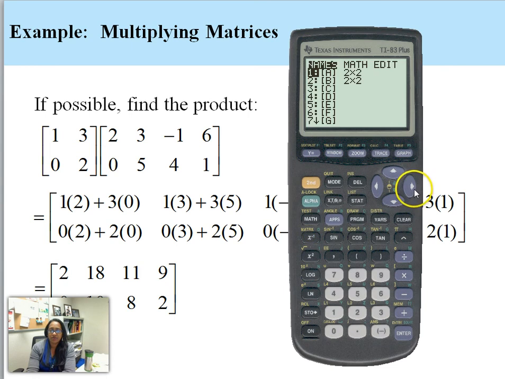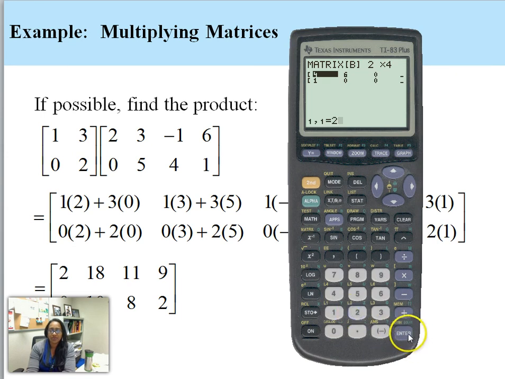Second matrix. Remember, I have to enter another matrix, which is B here. This is not 2 by 2, it's 2 cross 4. Oops, let me clear it. I made a mistake. 2 cross 4.